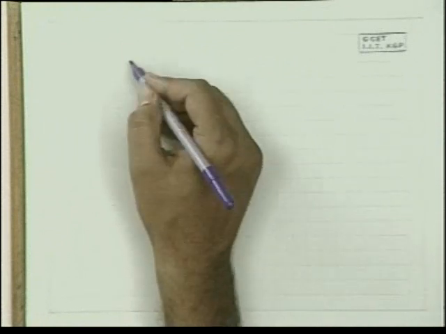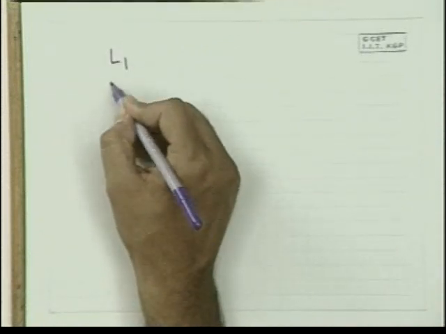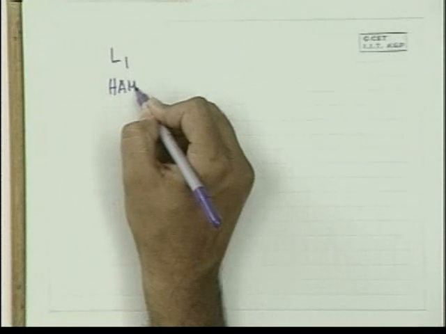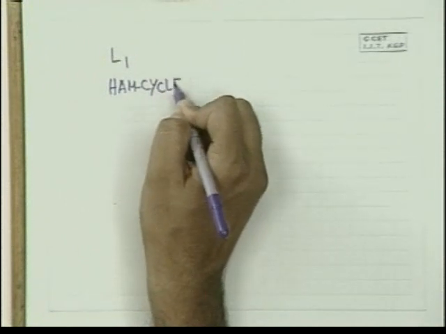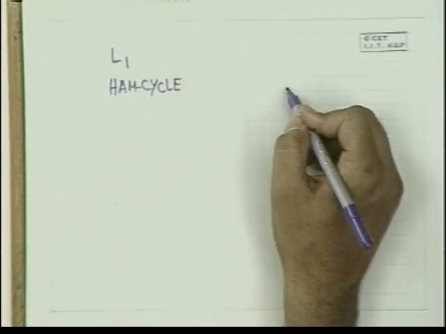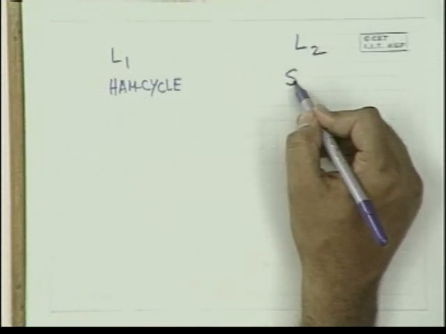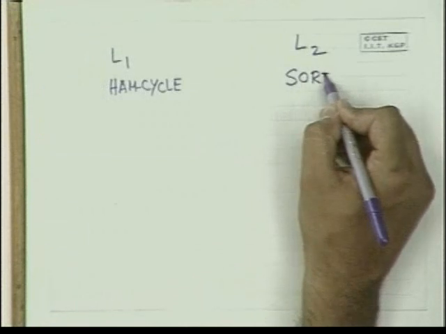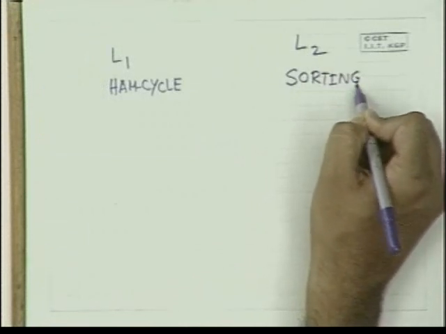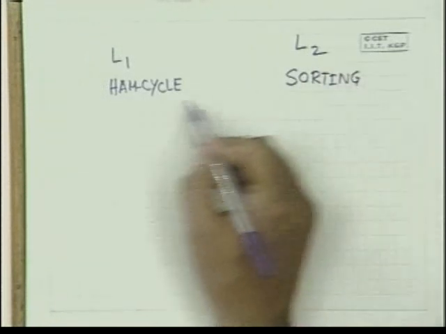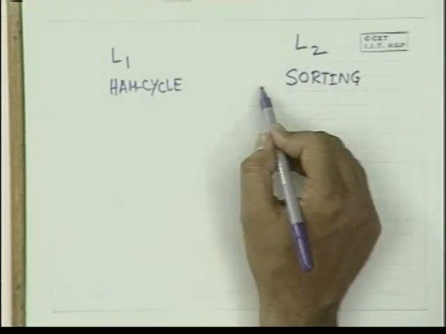So by an example, suppose L1 is the Hamiltonian cycle problem. L2 is, say, sorting. This is just an arbitrary example, don't quote me later that this is an actual reducibility. Hamiltonian circuit cannot be reduced to sorting. Just for example.